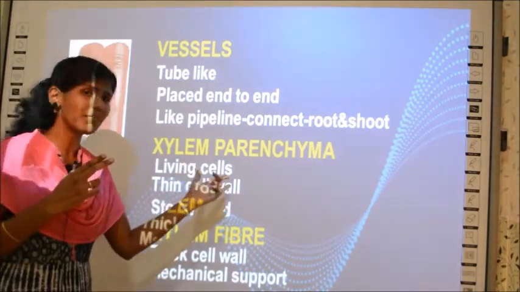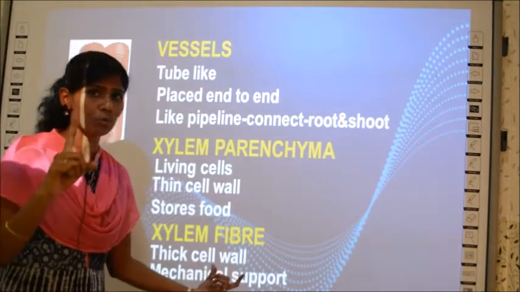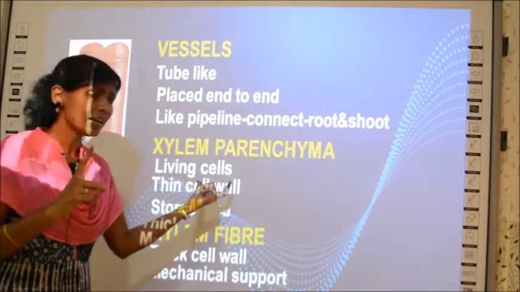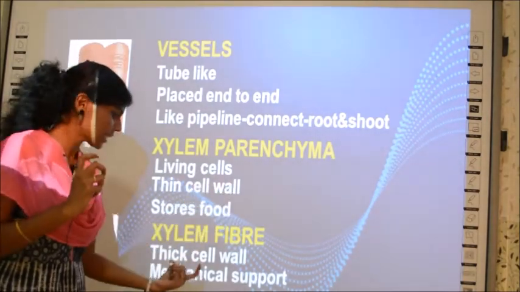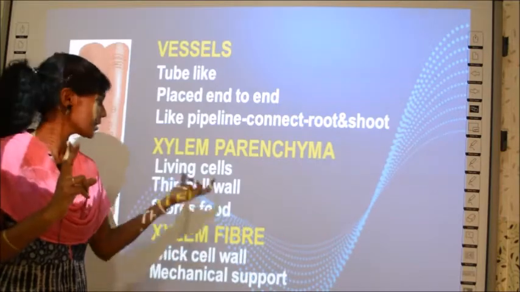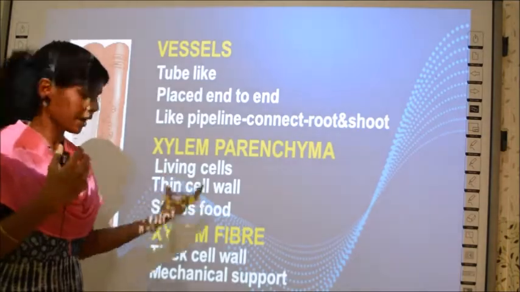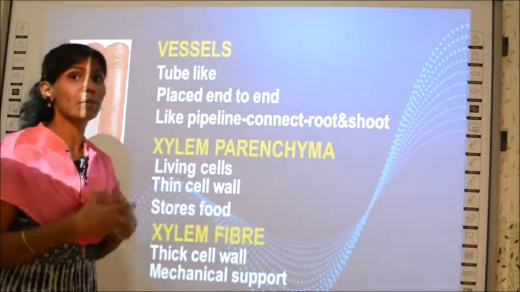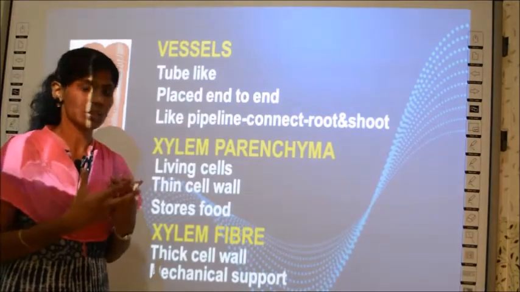So here you have living cells, here you have dead cells. What was the first comparative property? The xylem parenchyma had thin cell walls and xylem fibers had thick cell walls. The second comparison is xylem parenchyma is made up of living cells and xylem fibers are made up of dead cells. The third comparison is their functions.